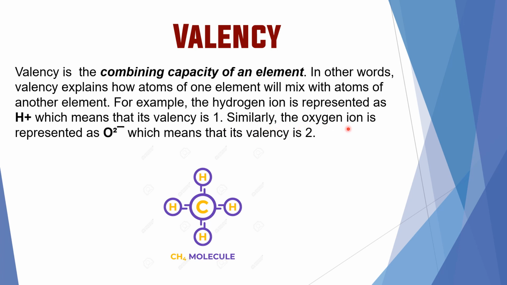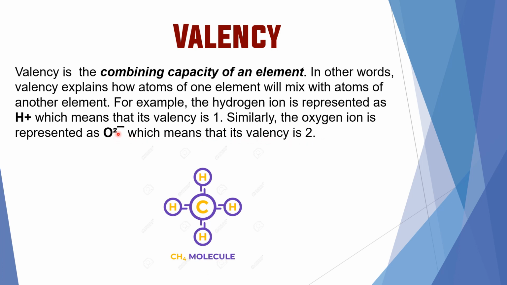Similarly, the oxygen ion is represented as O2 minus. Its charge is minus, so that is also an ion. Which ion is it, anion or cation? This is an anion. O2 minus, so oxygen is an anion, which means that its valency is 2.